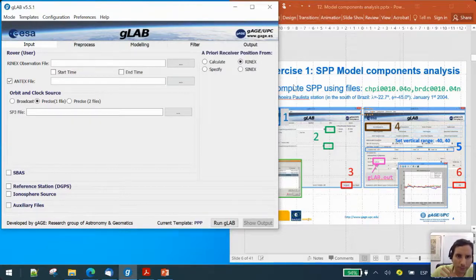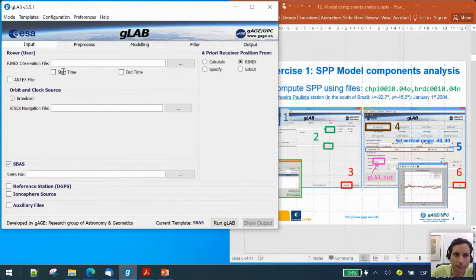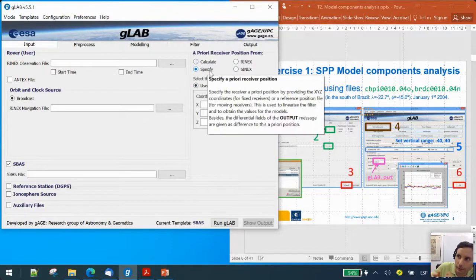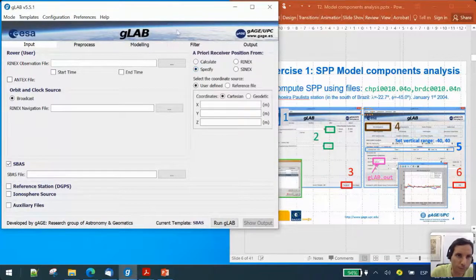Okay, I don't know which template I am in, although you always have an indication on the bottom side of the last template that you used. This is just a template, and as I said on Monday, the user has full control of the tool. The template is just an initial configuration that we think makes sense, but you can always refine it to your needs.